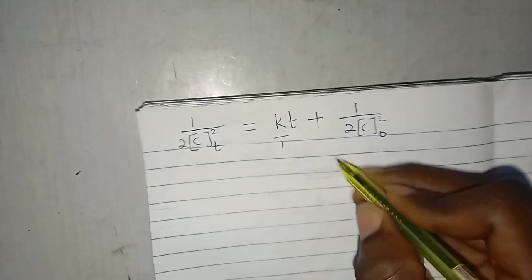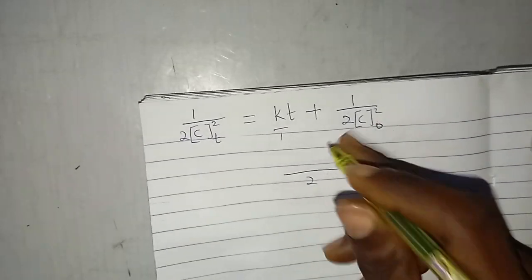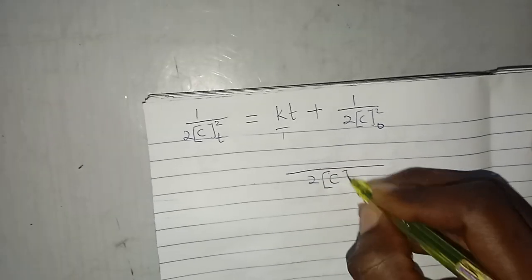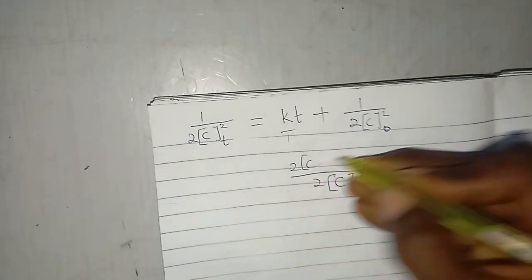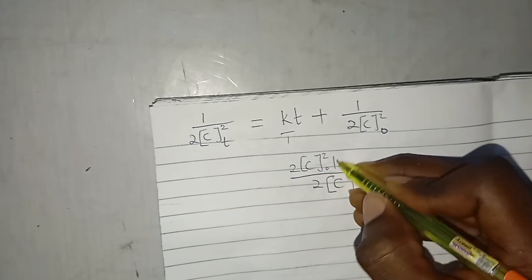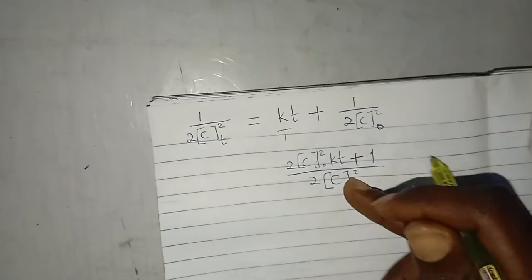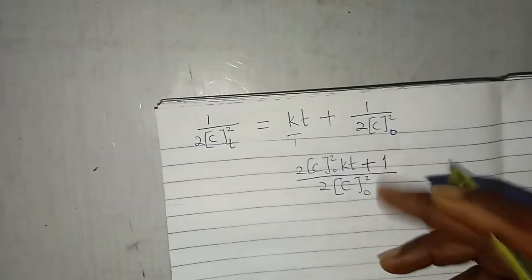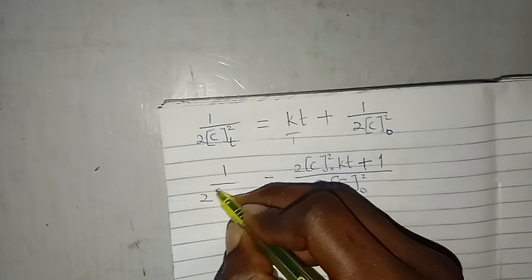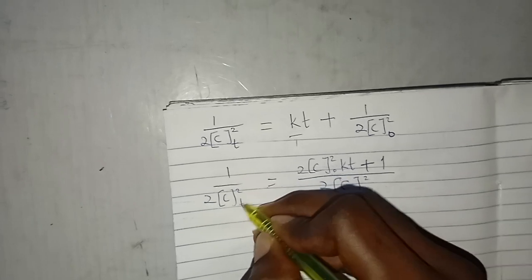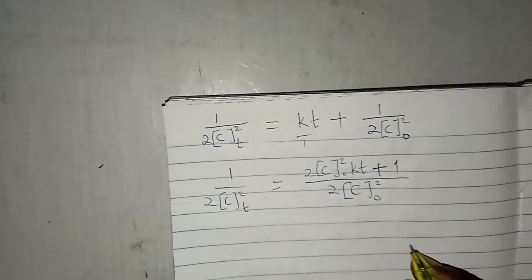So all over 1. So getting the LCM, I'll have 2 divide this side. This divided by this is 1 times 1, 1. So that equals 1 over 2c square t, and we need to make concentration at a particular time the subject of the formula. That's why we are solving further.